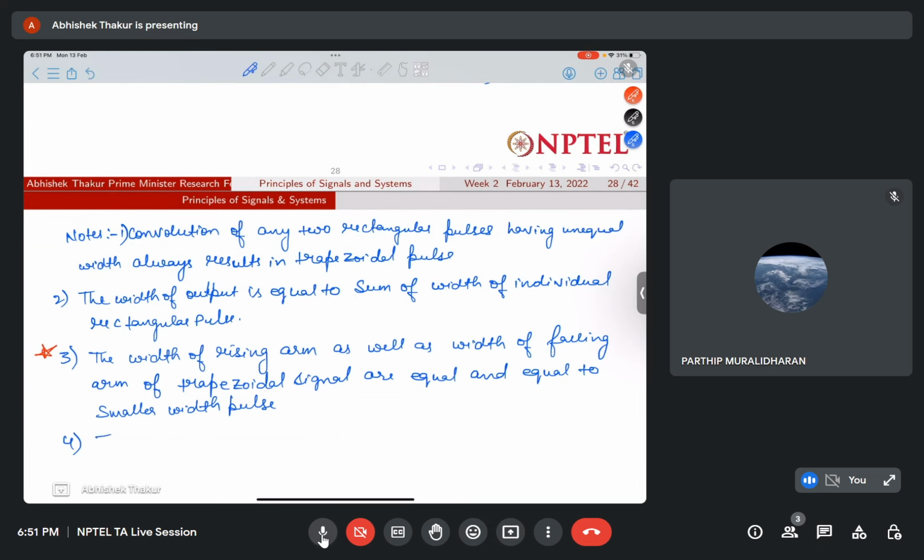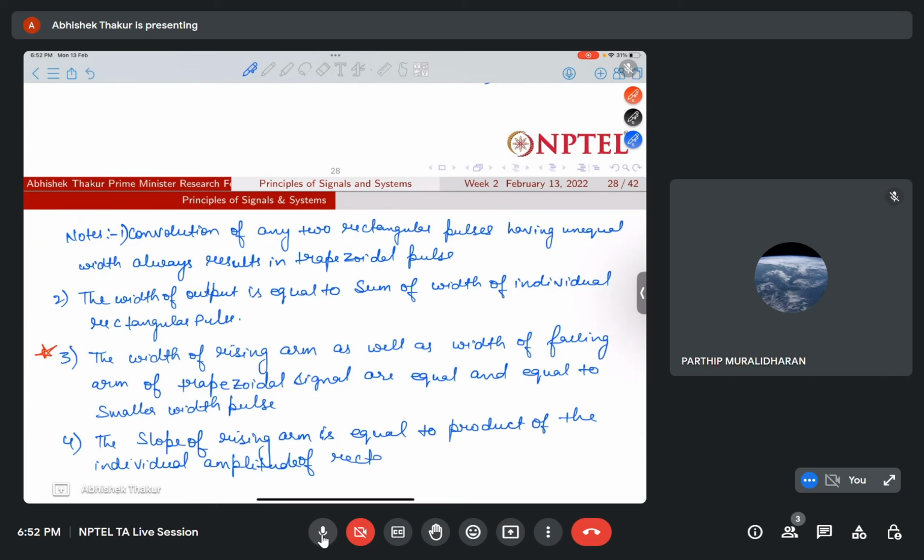And the fourth point you have to remember: the slope of the rising arm is equal to the product of the individual amplitudes of the rectangular pulses being convolved.